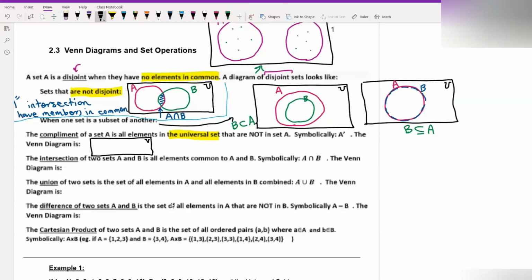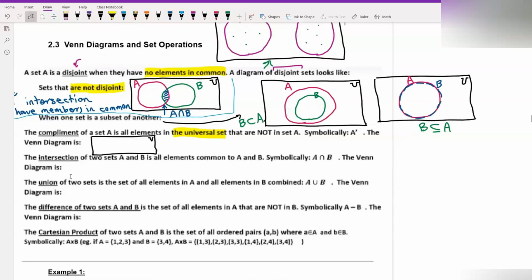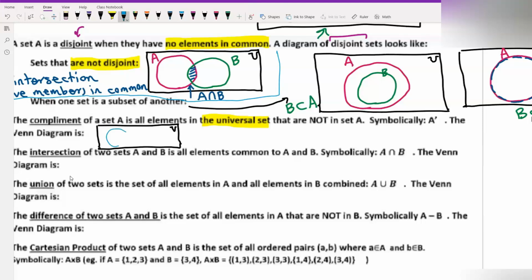So we have the universal set and we have set A. And the complement of A is all the members that are outside of set A. So anything except A, that is the complement of A. Or we use A prime as this one. So what I have inside that part is A prime or complement of A.